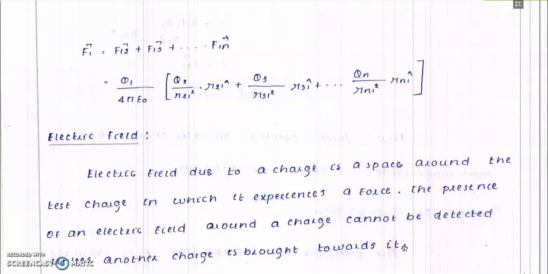I already mentioned that if I have a positive charge and another positive charge is brought towards it, there will be a repulsive force. At the same time, if it is negative, there will be an attractive force. This can be experienced with the help of the electric field.